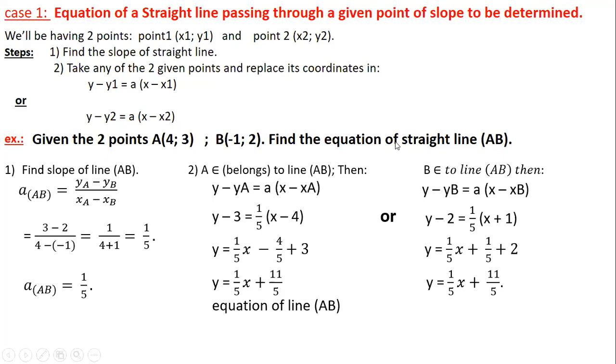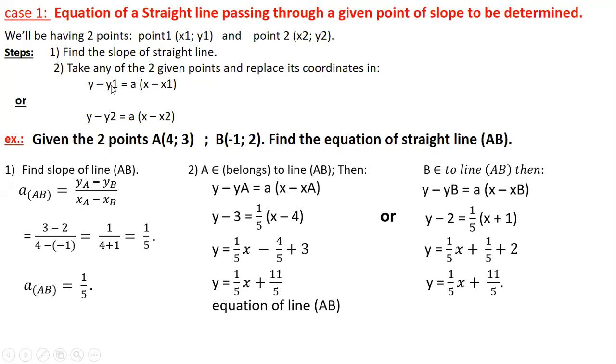Either we take A or we take B, we will get the same equation. You should not do the two while solving. You choose any one of them and you solve. So the steps here are, we find the slope of a straight line AB in the first step. Then we take any of the 2 points and replace it in this equation. Please memorize this equation.